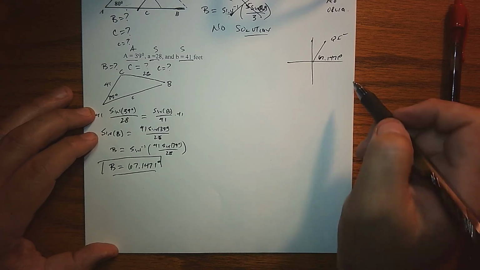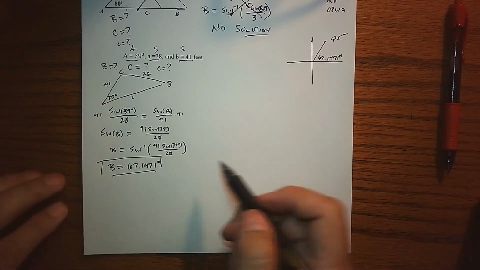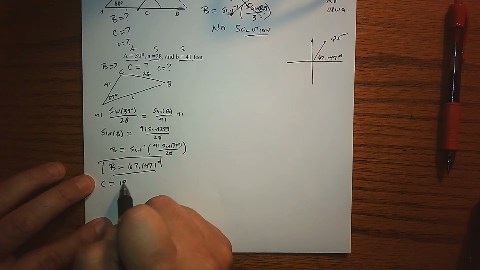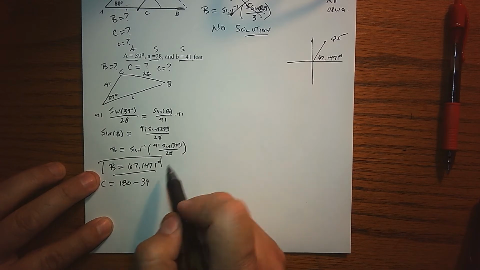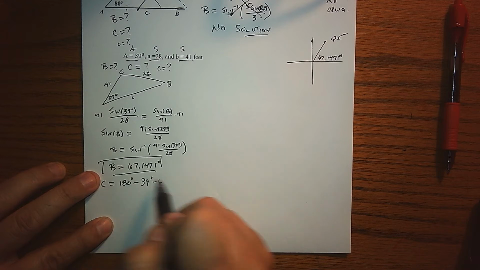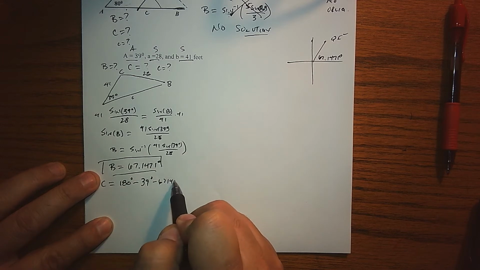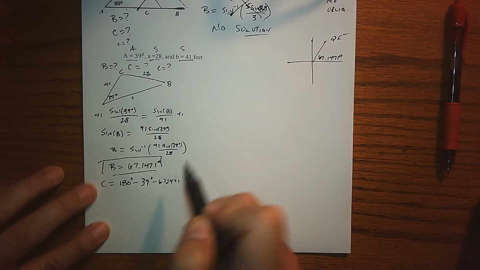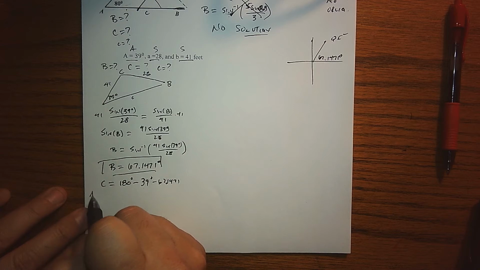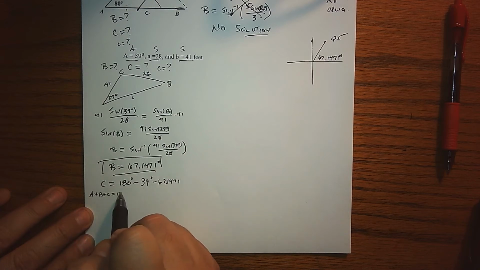So what about angle C? Well, angle C would be 180 minus the angle 39 that we had, minus the angle that we just found, 67.1471. I'm basically using that A plus B plus C should equal 180.